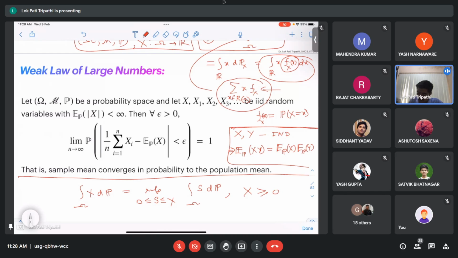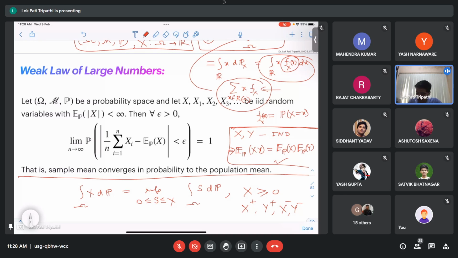So if you would like to prove this result for any two given random variables that are independent, what you need to do is first prove it for x plus and y plus, I mean for their positive components, and then combine it to get this result for any random variable.